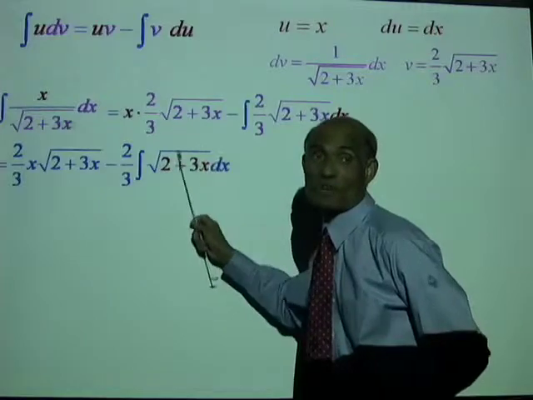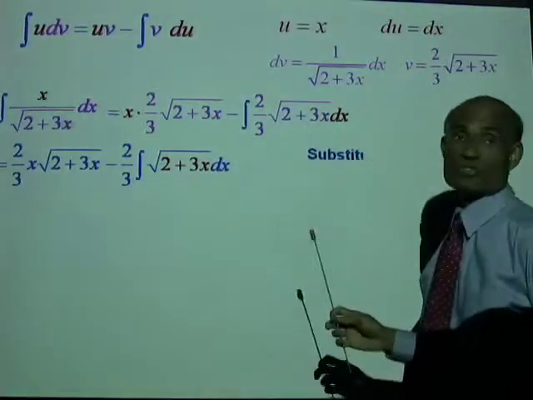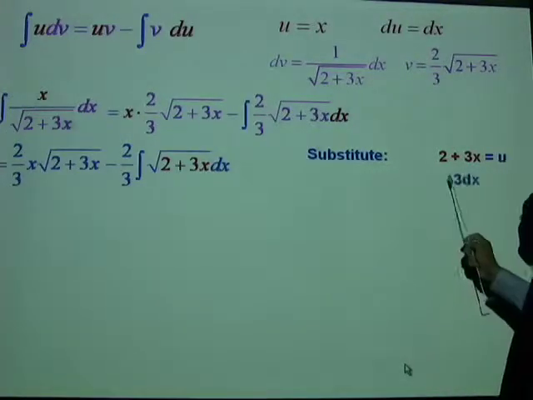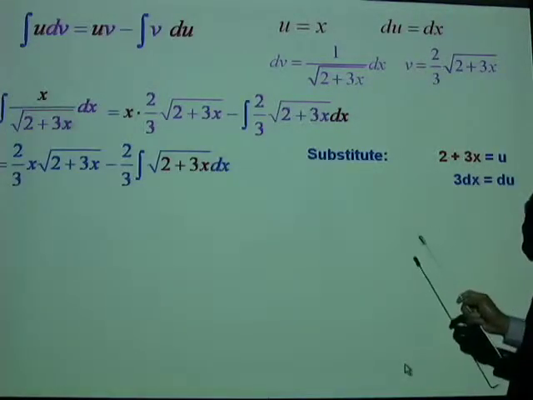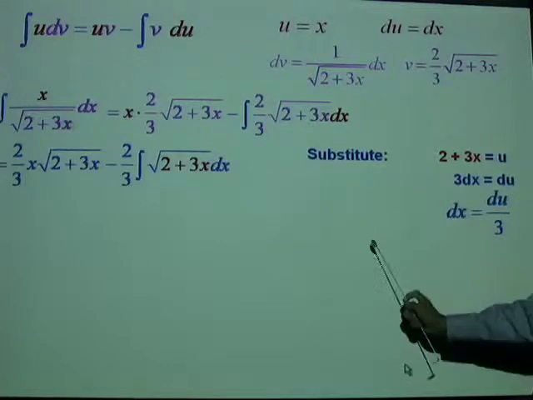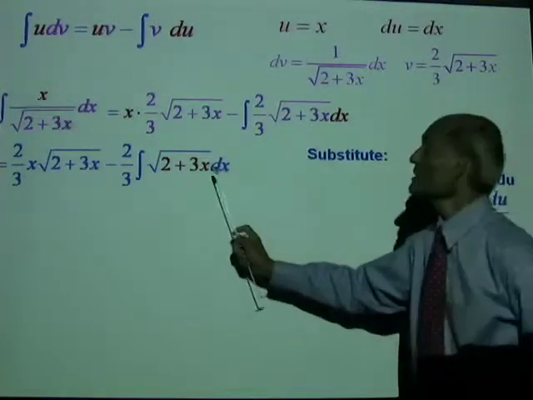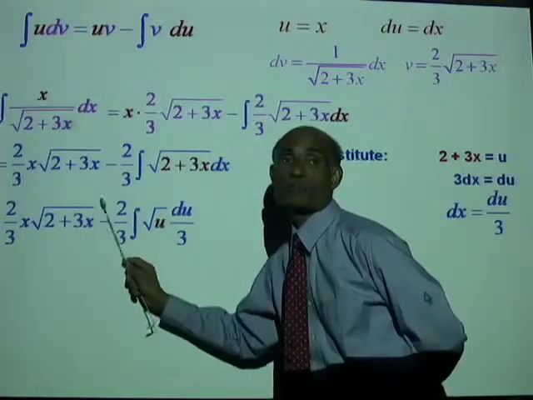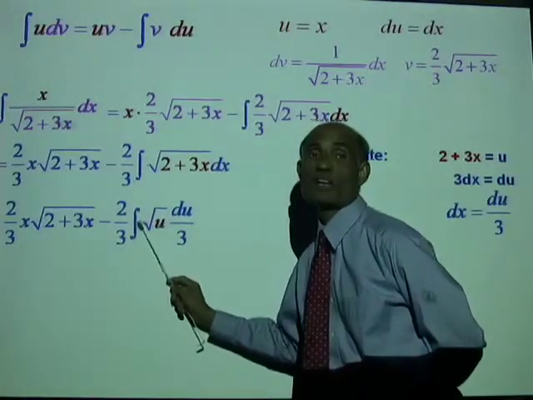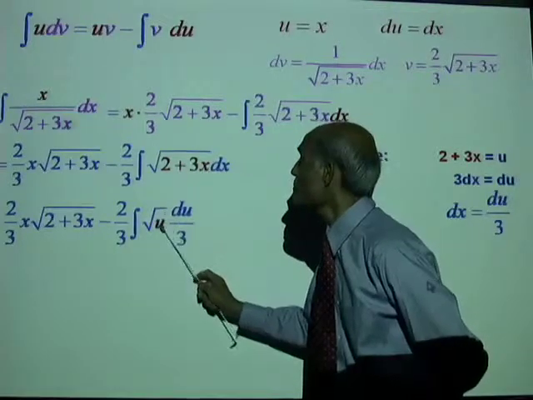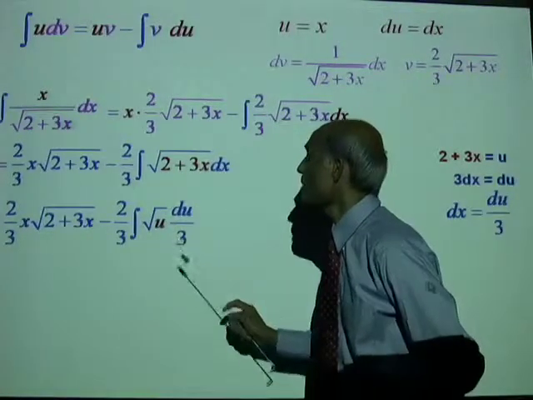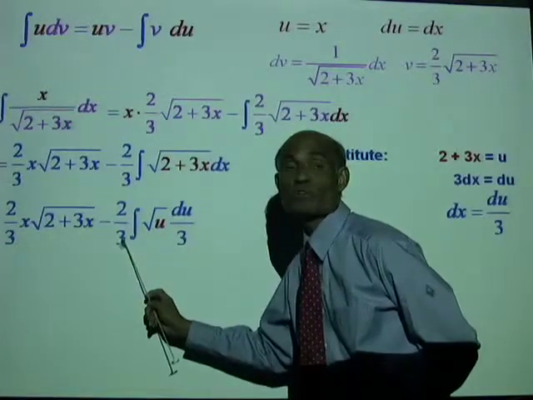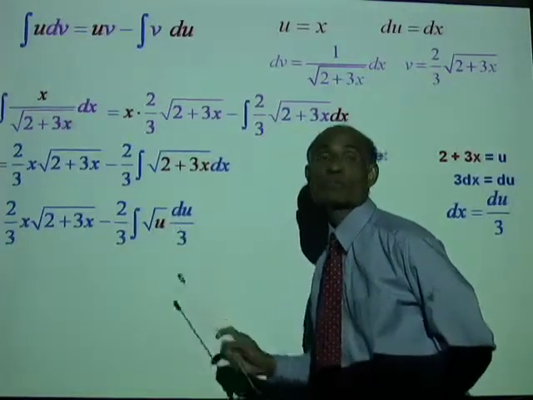What is a substitution? I have given it away by coloring it. So substitute 2 plus 3x equal to u. That gives you 3 dx equal to du, or dx is du over 3. Bring it over there. That will be the same thing, u times v minus 2/3 integral square root u, dx is du over 3. And now this 3 comes out to make that 2 over 9 square root u du.